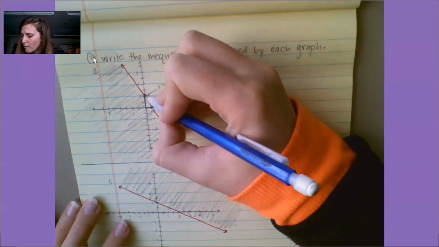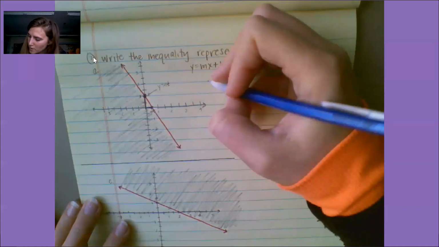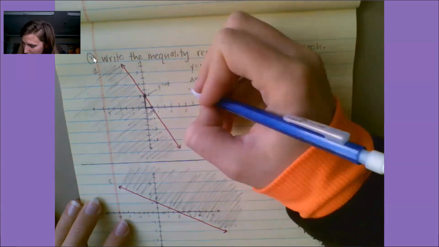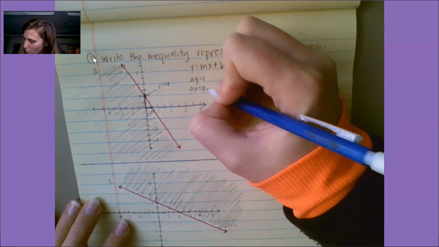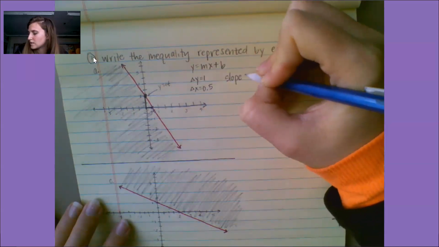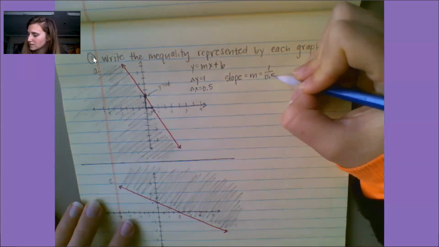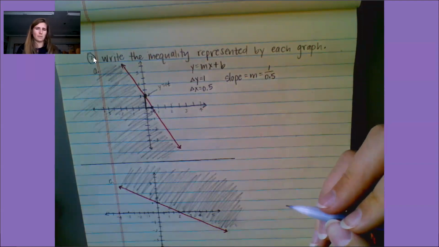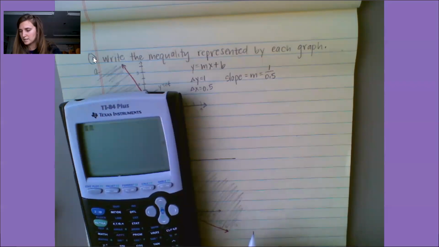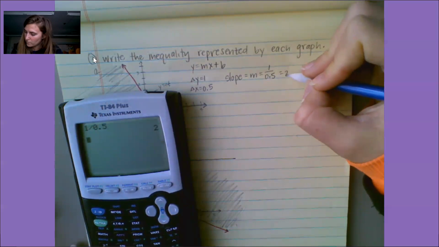So my change in y would be 1. I go down from 1 to 0, so my change in y is 1. And then my change in x is 0.5. My slope, which in this case is going to be m, is equal to 1 divided by 0.5. I could plug that right into my calculator. 1 divided by 0.5 gives me 2.